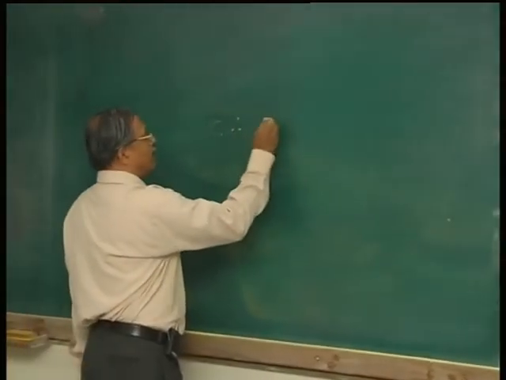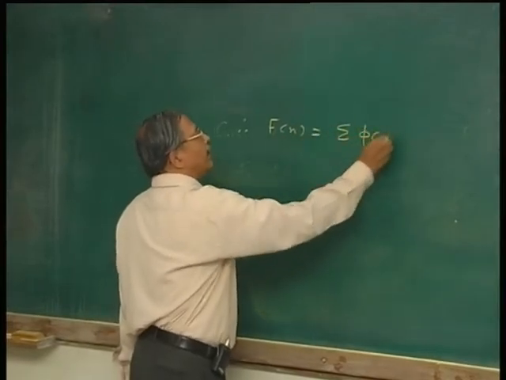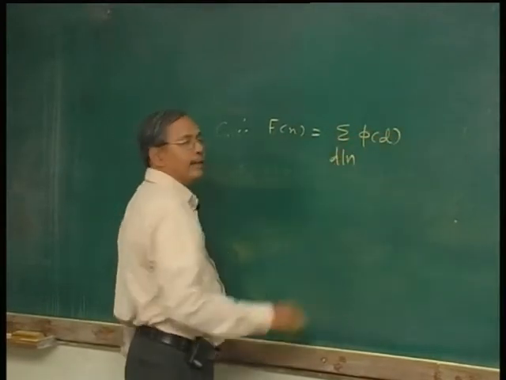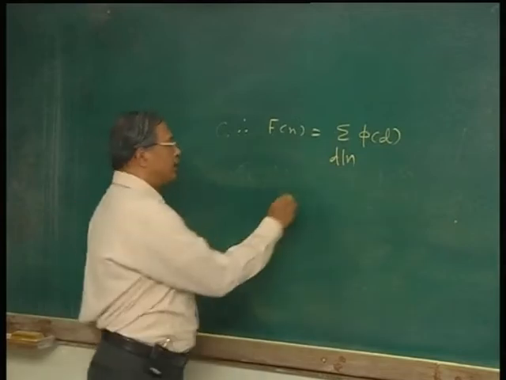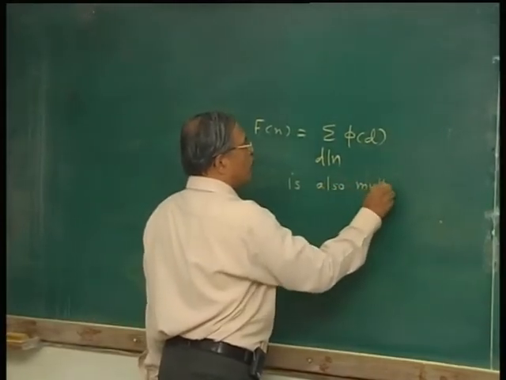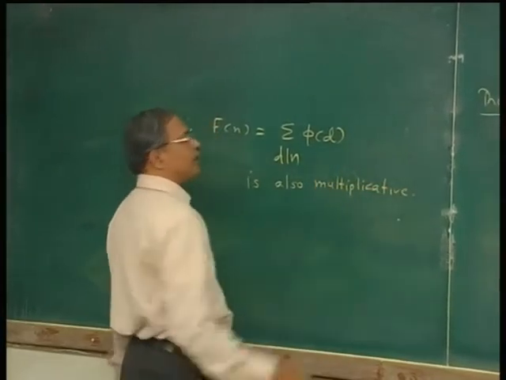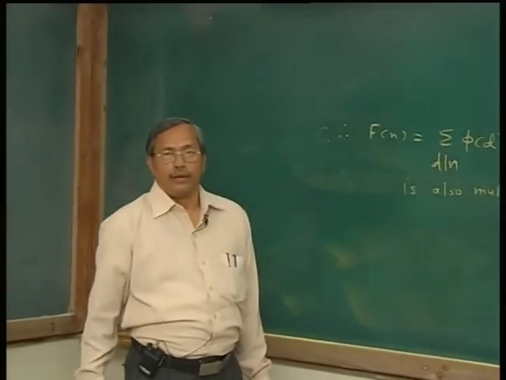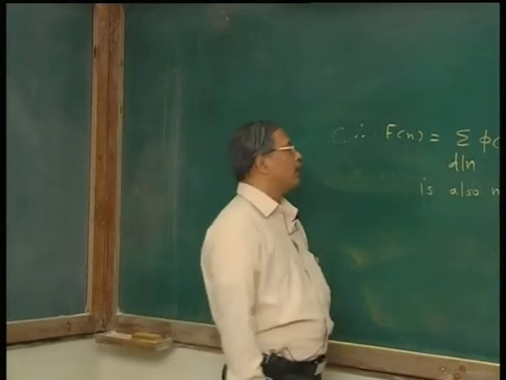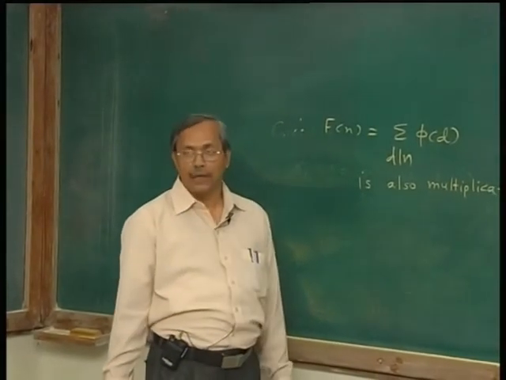Therefore, f of n equal to summation phi d, d divides n, is also multiplicative. Once the function is multiplicative, you can obtain it from its values at prime powers.